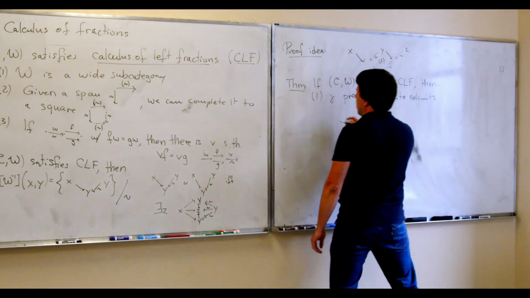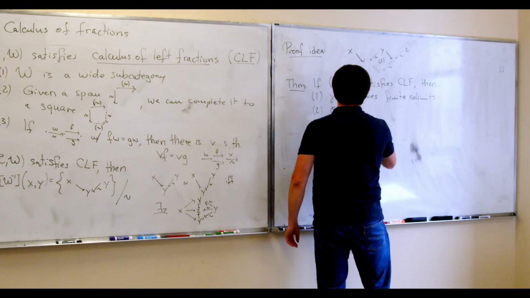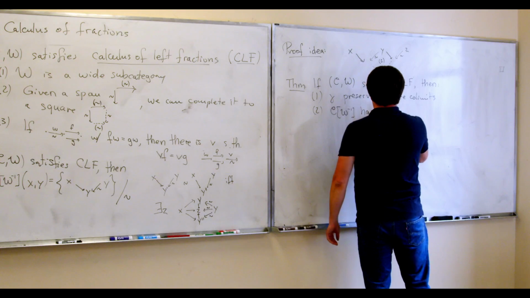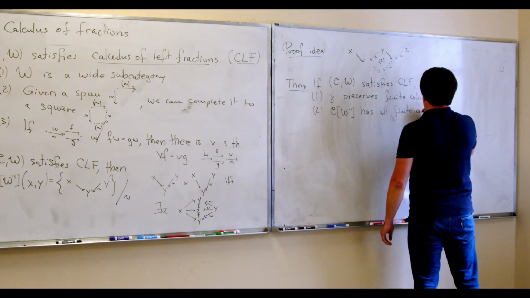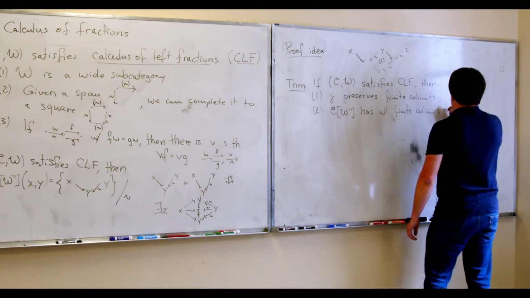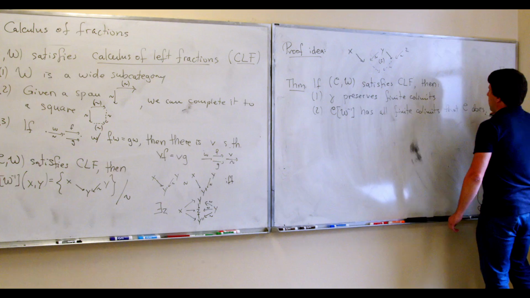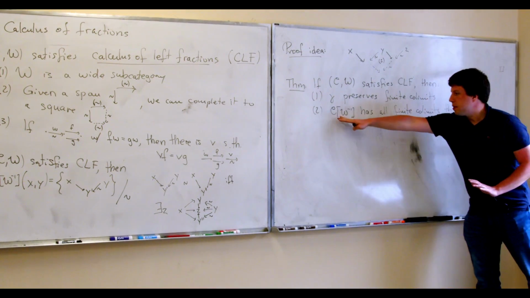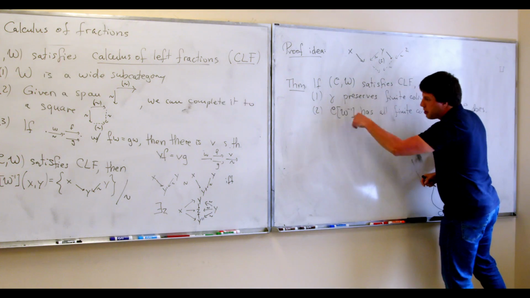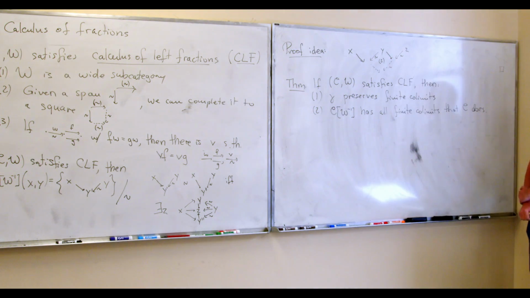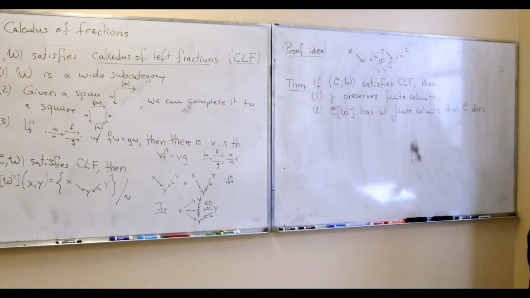And second, CW has all finite colimits that C does. So there may be some diagrams that are not in the image of this functor, and as long as they are of the correct shape, they still exist in this category. So this is amazing.